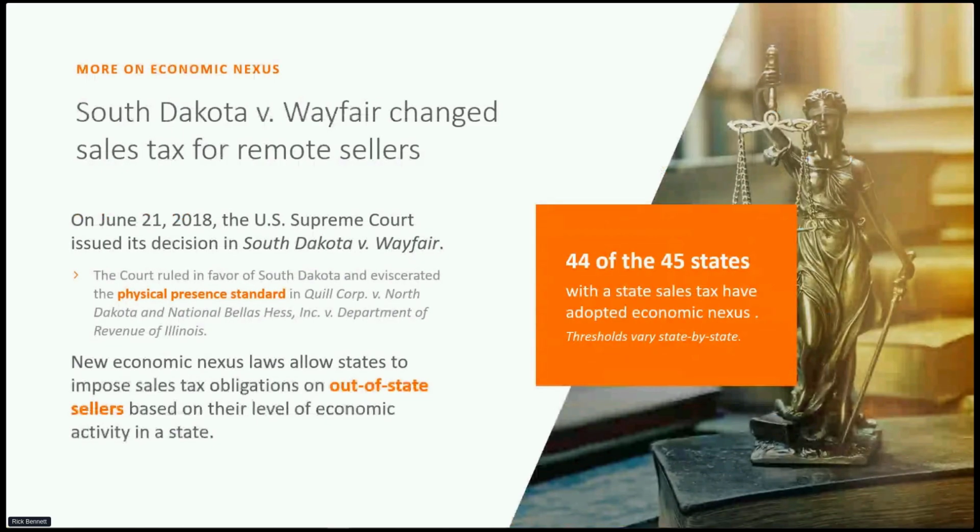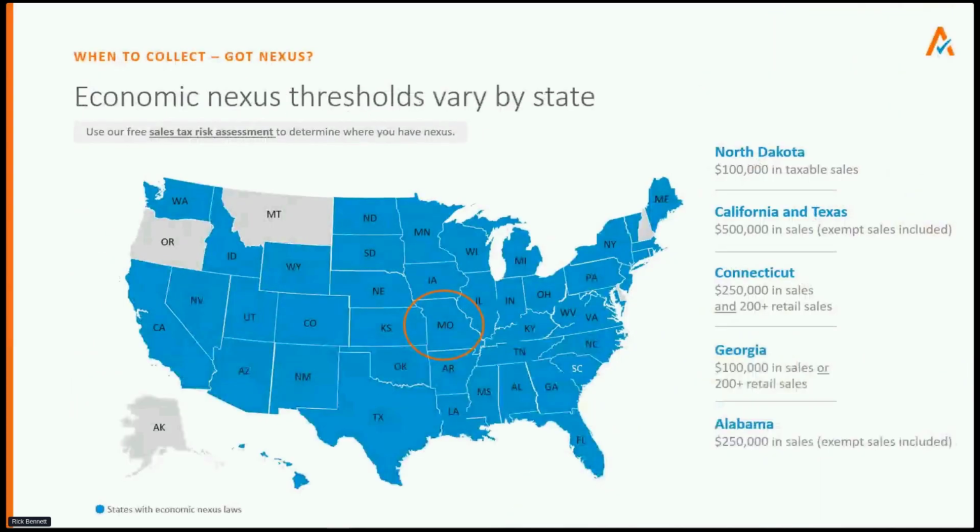So what is economic nexus? The Supreme Court in June of 2018 heard the case of South Dakota versus Wayfair and ruled in favor of South Dakota, which then triggered economic nexus being required for companies to collect and remit the sales tax if you've triggered certain events.